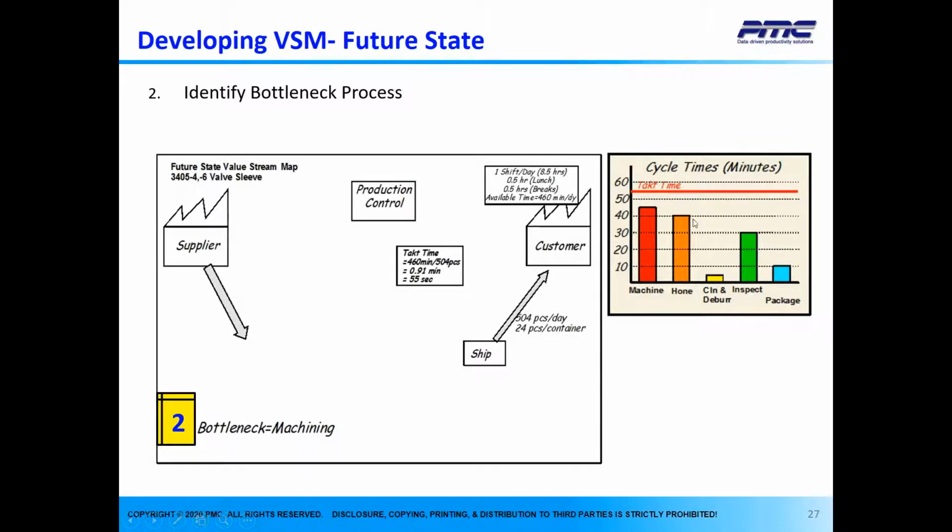So there's a lot of non-value added time for each of the processes. What does that mean? Against this, we don't have a bottleneck technically, because every one of these processes is less than your takt time.